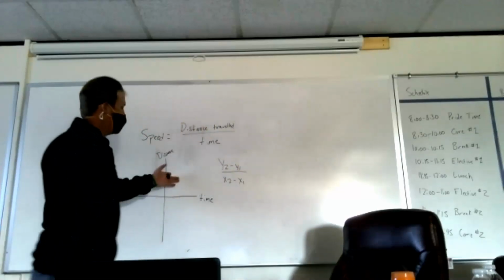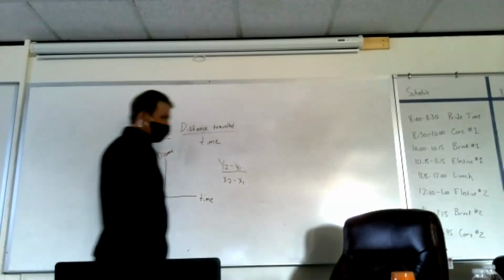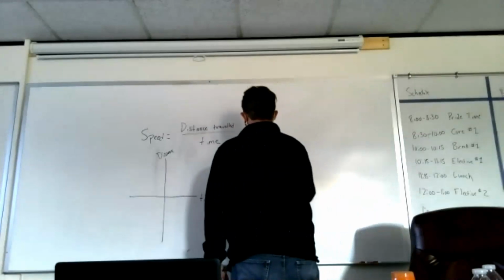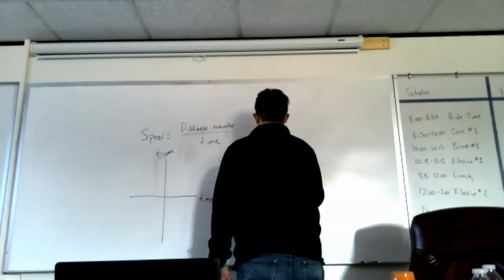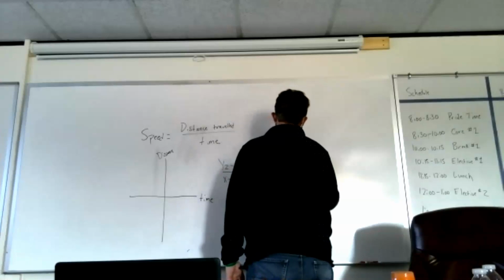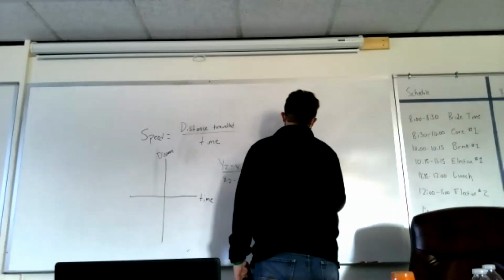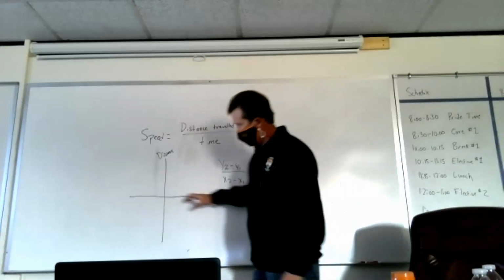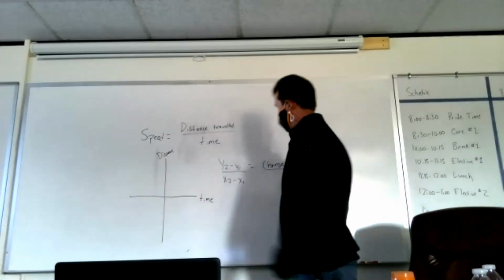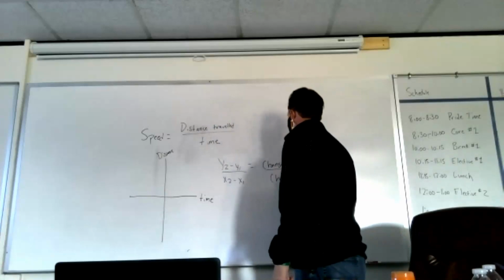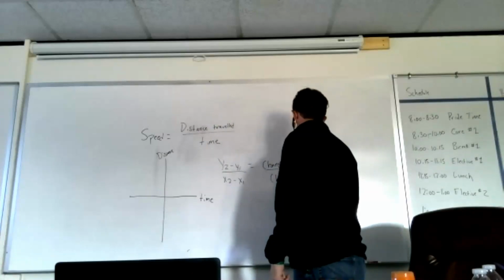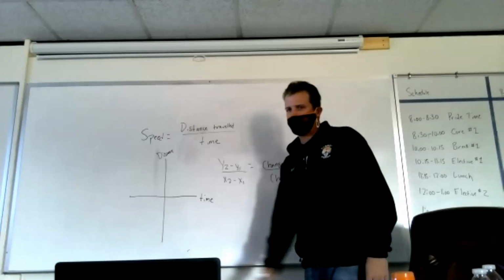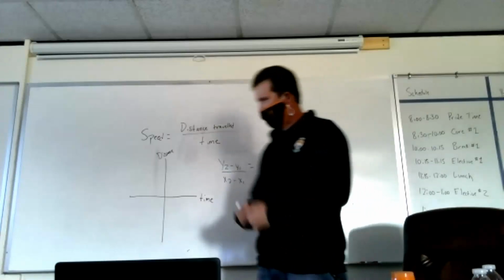If we were to put this into perspective, this y2 minus y1 is equal to your change in distance. And this x2 minus x1, since our x-axis is in an element of time, is over the change in time. And all it is is just an average.